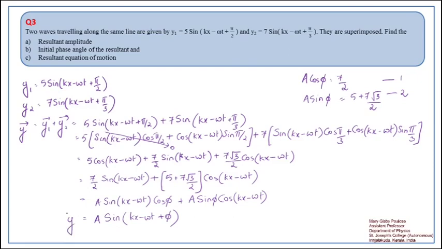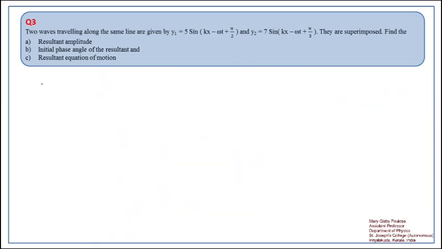So this is the resultant equation of motion, but we need to calculate the values for A and φ. Earlier we had written A cos φ is equal to 7/2 and A sin φ is equal to 5 + 7 root 3/2. This was the first equation and this was the second equation.